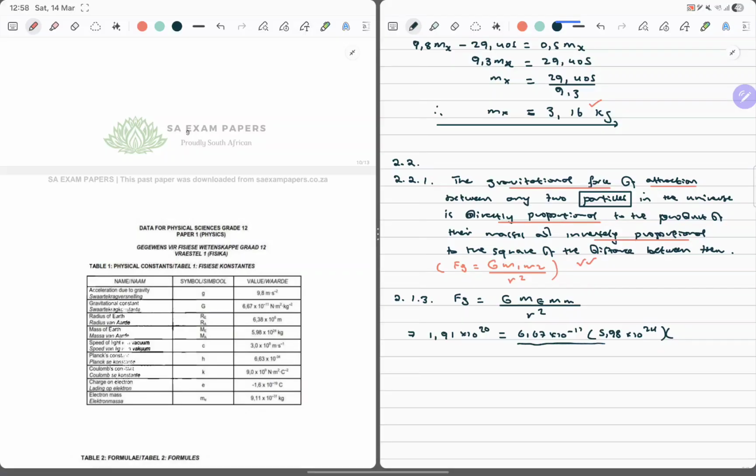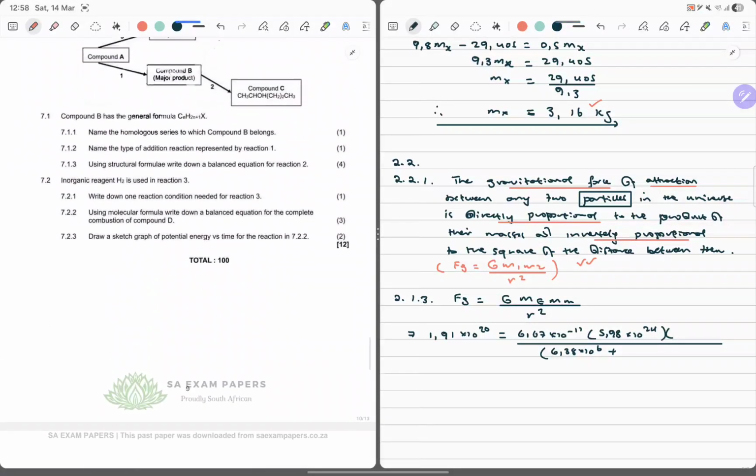Leave the mass of the moon. While we are still here, we just want to get stuff done. So our r squared is going to be the radius of the earth, which is 6.38 times 10 to the exponent 6. Then we're going to add the distance between these two.